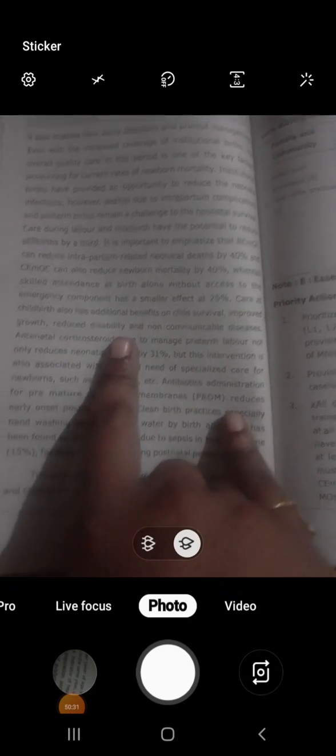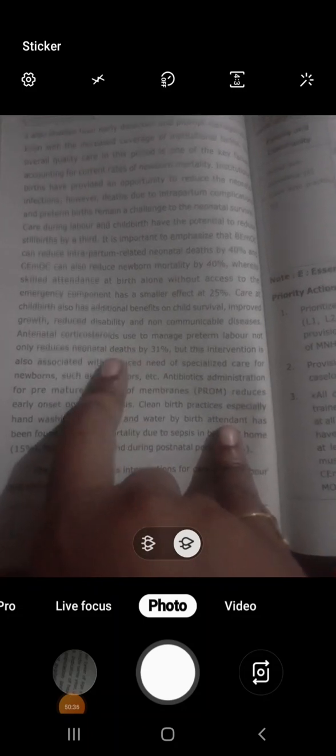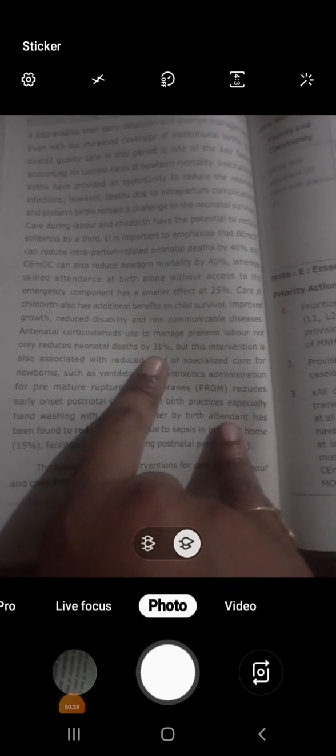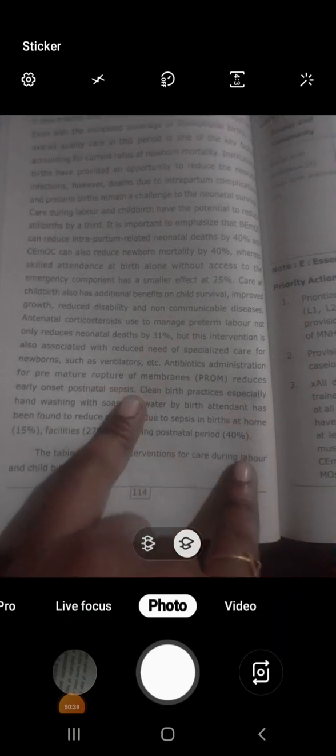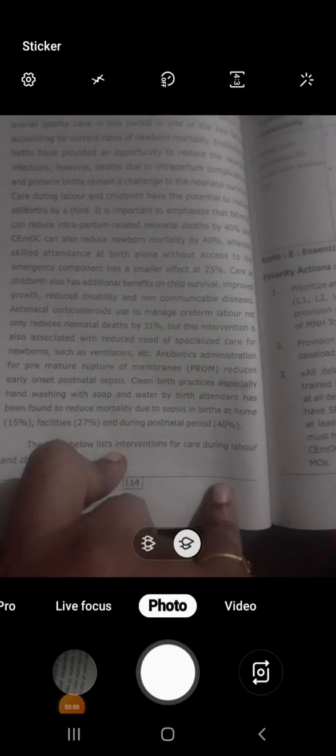So it reduces disability and non-communicable diseases, and also neonatal deaths by 31%, which reduces the need for special care for newborns, and also antibiotics. It also covers prematurity and clean birth practices, with soap and water used by birth attendants.